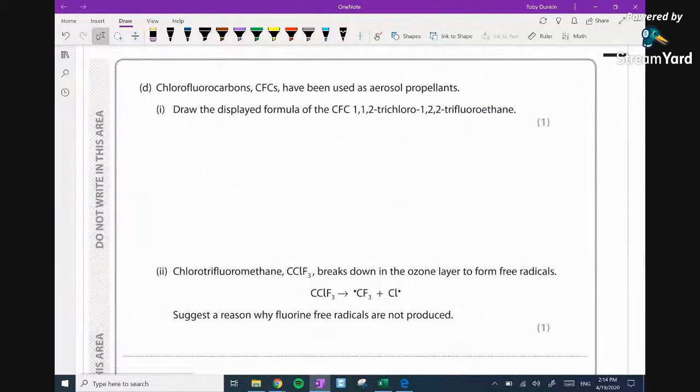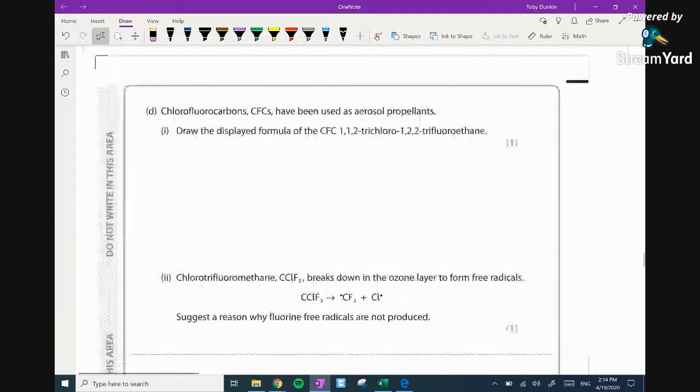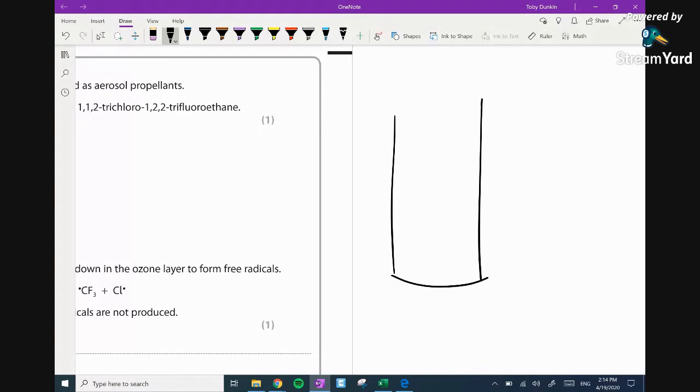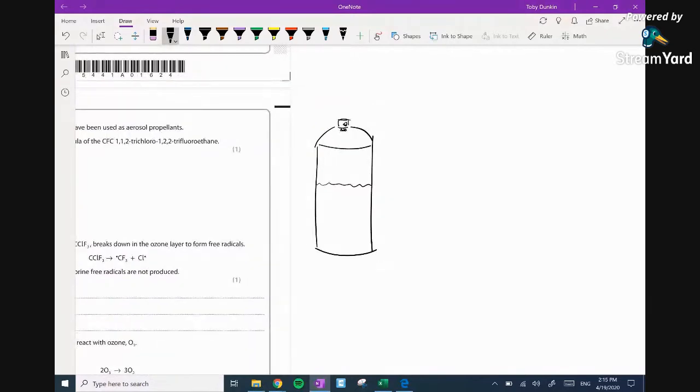Okay, CFCs have been used as aerosol propellants. Right, just to explain to you what that means, a propellant is if you have a deodorant can. Inside the deodorant can, you shake it and it feels like you've got a liquid. Now, the reason for that is because you have a gas which has a boiling point very close to room temperature, and they've compressed it.